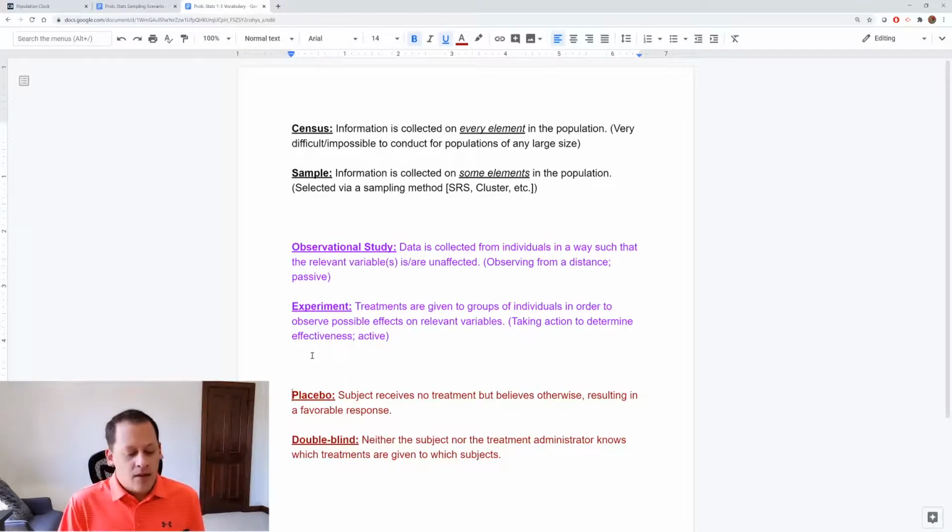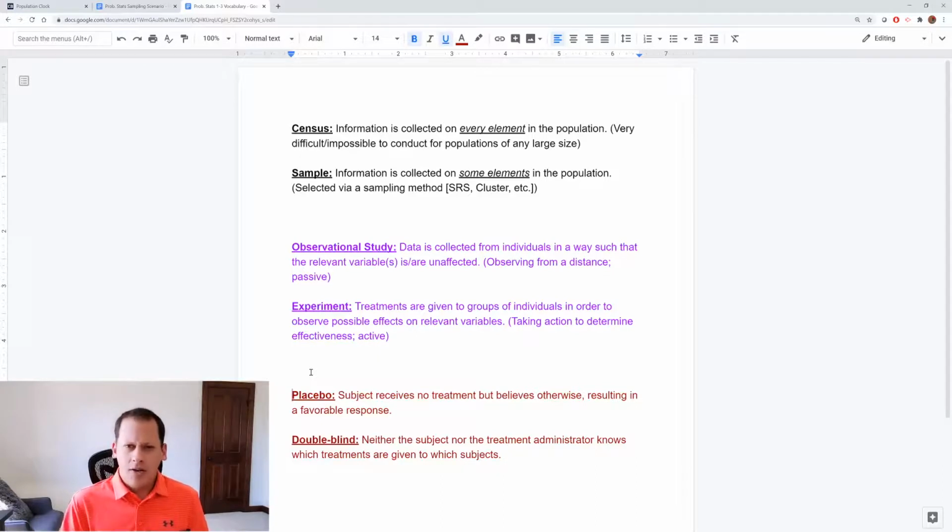The most common type of study that I see this in is drug trials, right? We're saying that the subjects themselves don't know whether they're getting the real experimental drug or a placebo. But if the study is double-blind, not only do the subjects not know, but the doctor giving them the drugs doesn't know which group is which. They're just given the pills. Someone knows if those are the real pills or not, but not the doctor.